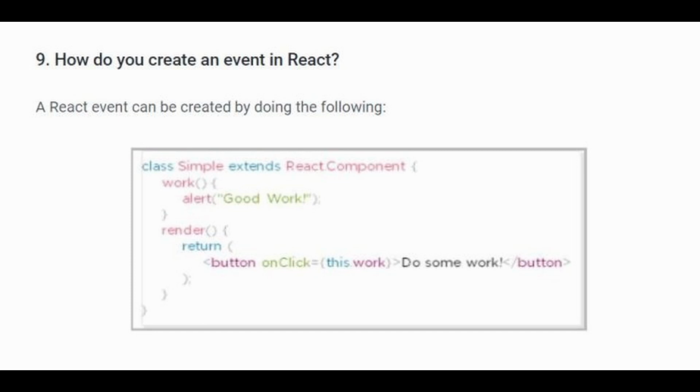If we create a React functional component, then we don't need to use this.work. We can directly write an arrow function with a constant, and that arrow function we can write into the onClick. So that is the difference between the React functional component and the class based React component.